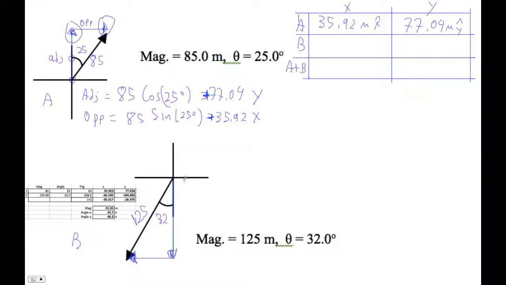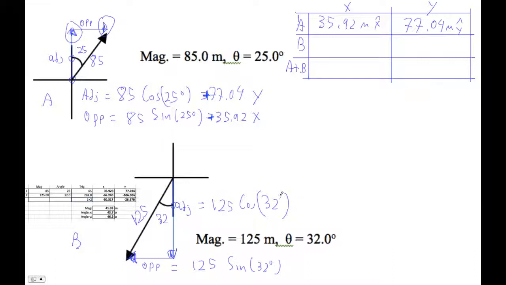Okay, now let's find these sides here. So this side here is my adjacent side. It touches the angle, right? Opposite the angle is this guy, right? Okay, so let's find that. The adjacent is equal to magnitude, so 125 cos 32. And then the opposite side is going to be equal to 125 sine 32.